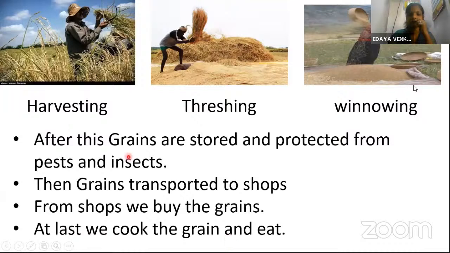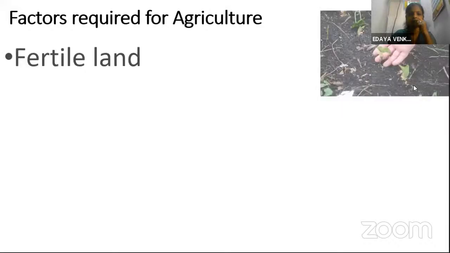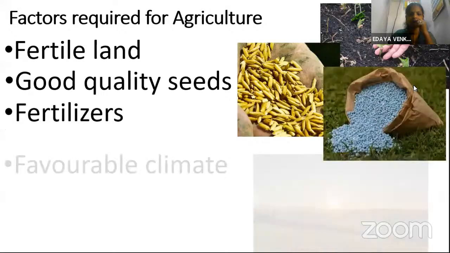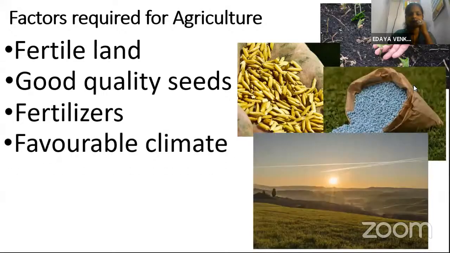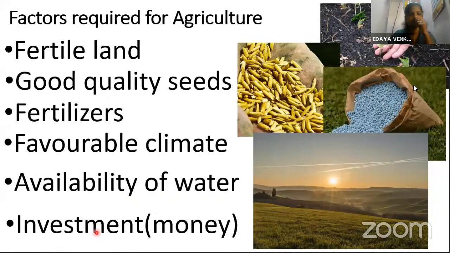Not only hard work, there are many other factors included in farming, like fertile land, good quality seeds, fertilizers, favorable climate, availability of water, investment. Although the hard work is done by the farmer, these factors are natural, which are not controlled by human beings.